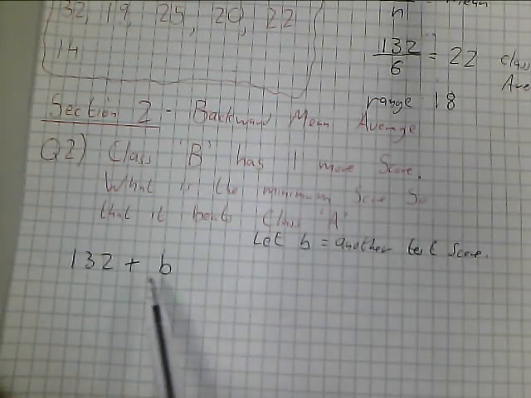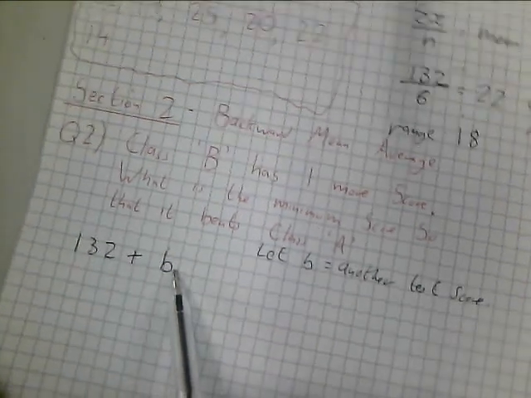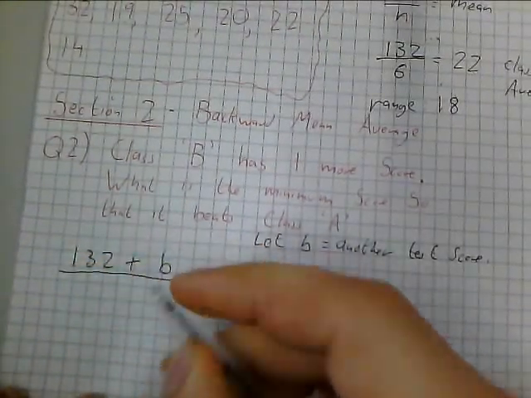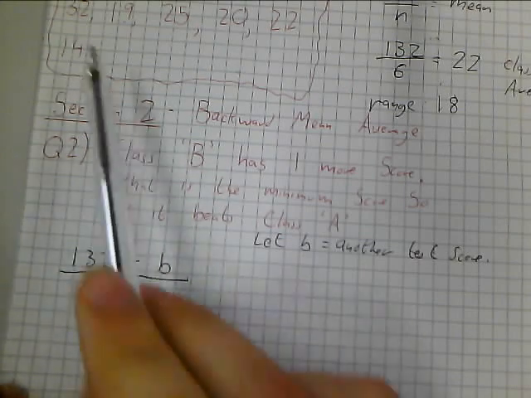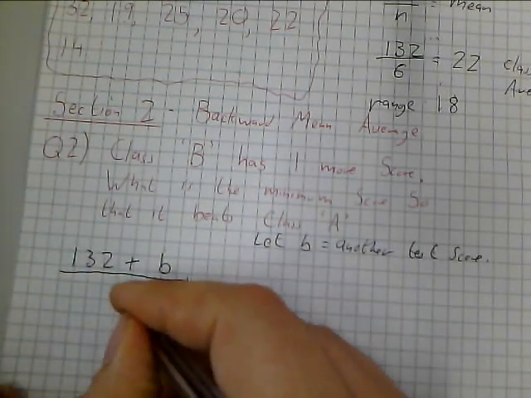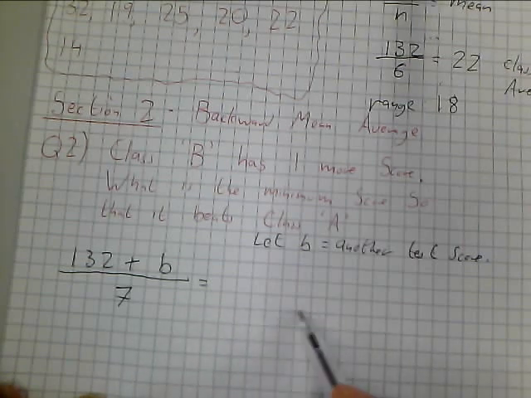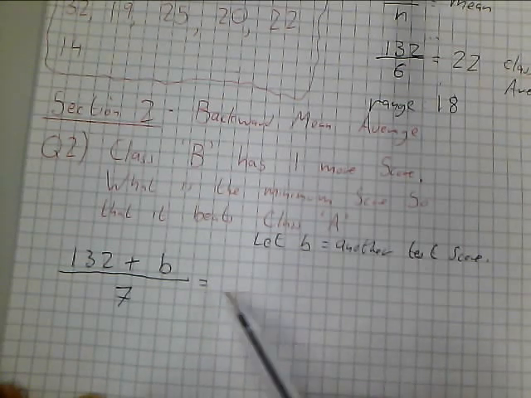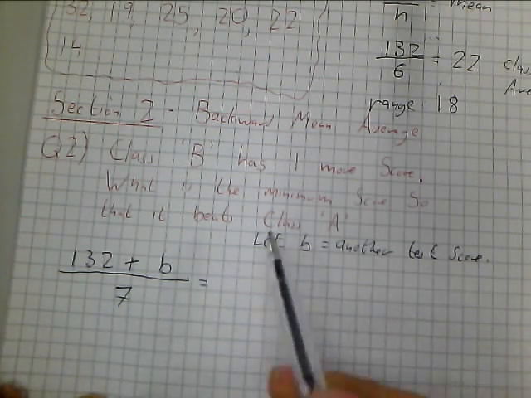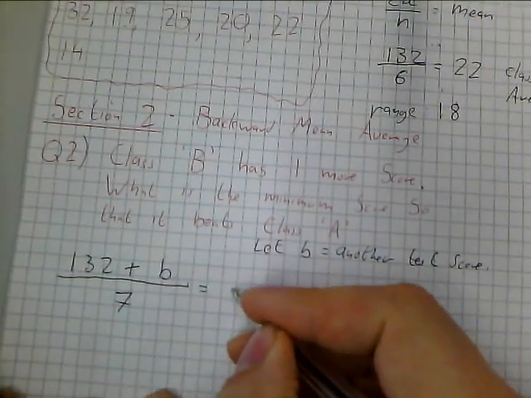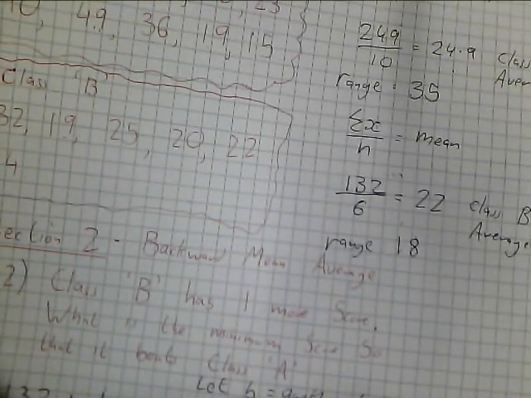So 132 plus another test score, all divided by how many numbers there are. There were 6, we got another one, so 7, equals, and we want this to be the mean average in order to draw against class A. If it's exactly the same as class A, it will draw. The mean average earlier was 24.9. So in order to draw, it also needs to be 24.9.